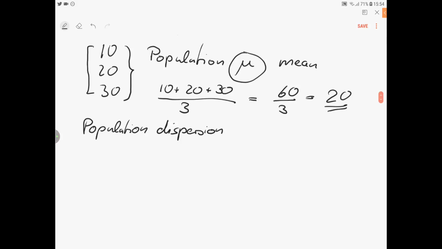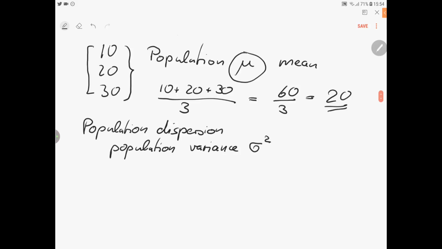And in this case, we can use what is called the population variance. And that is usually abbreviated with this squiggle, which is a sigma squared.